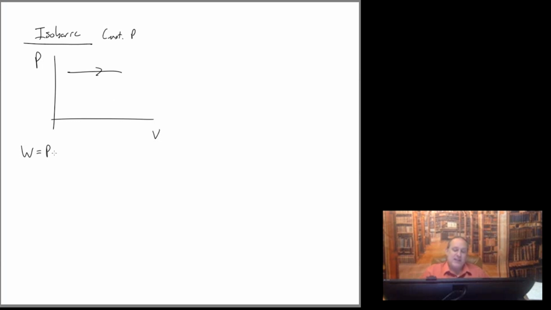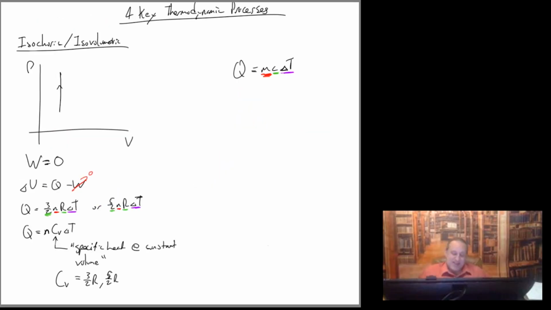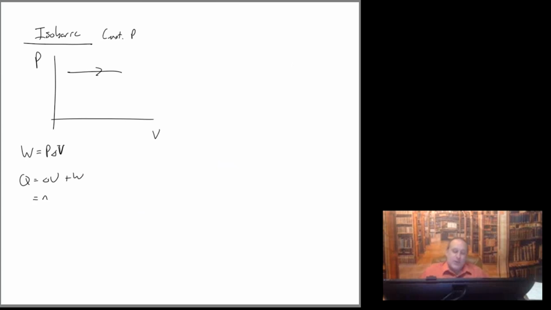That's just going to be P times delta V. And so to find Q, it's delta U plus W. That's going to be N. When we did Q, we said it's either 3/2 R or 5/2 R. Since we now have a constant that does exactly that, we can say that the Q is N times CV times delta T.